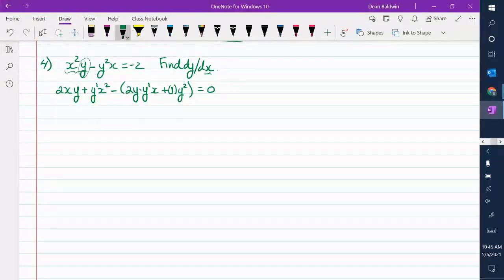Okay, calculus is over. Now we have to isolate the y primes. So this negative will get dumped in there, and you can see it's going to flip the signs. So I'm going to get, and that should be a minus on the y squared.